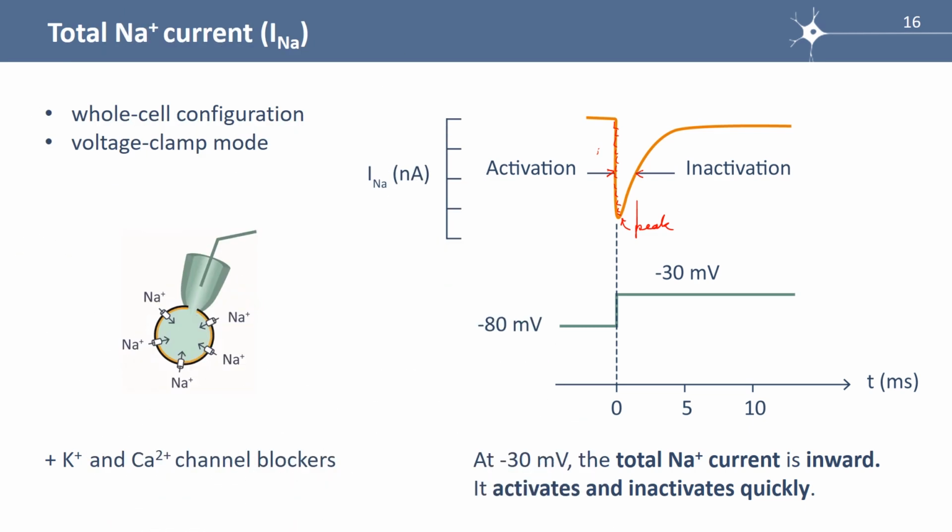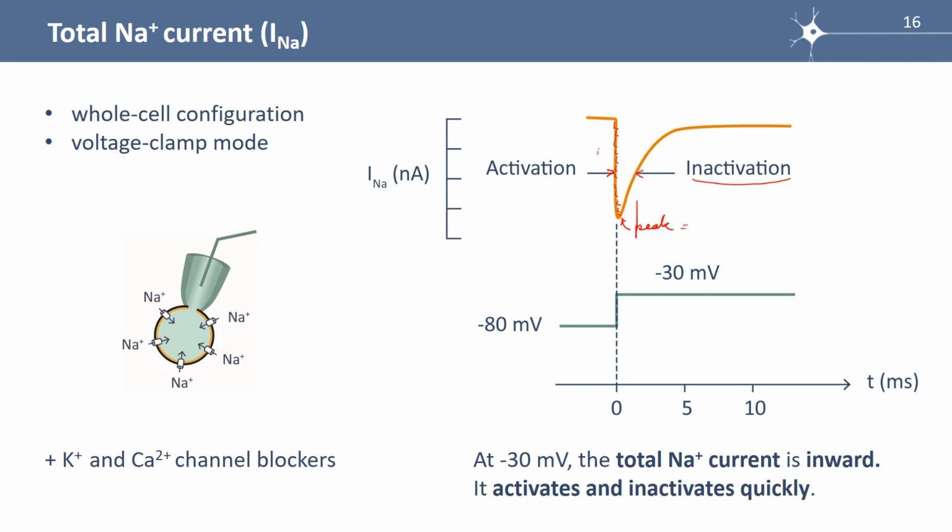Here, the peak is where you have the maximal number of channels open at the same time, and then the decay is due to the inactivation of the channels. Once they have opened, they inactivate, and the first to inactivate are the first that open.